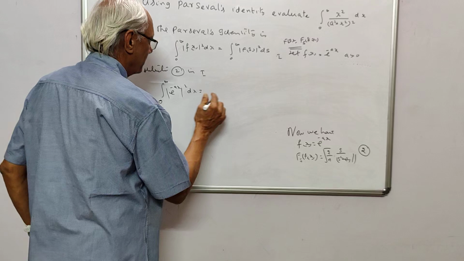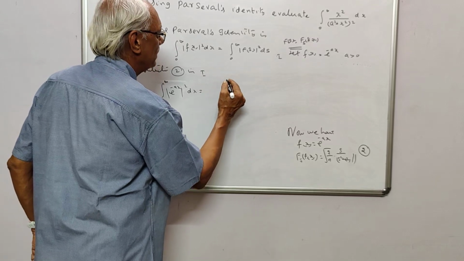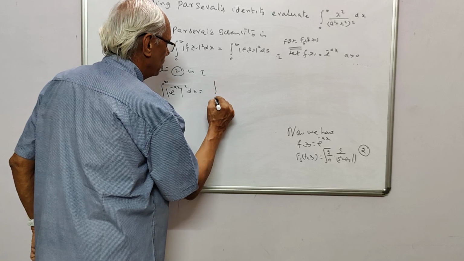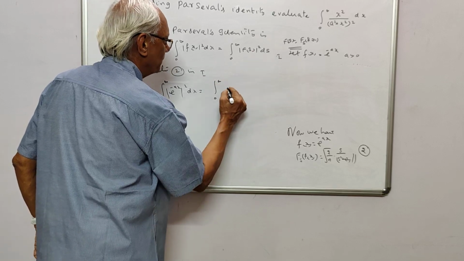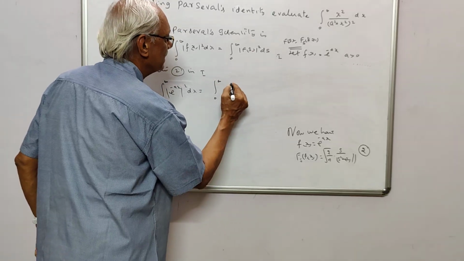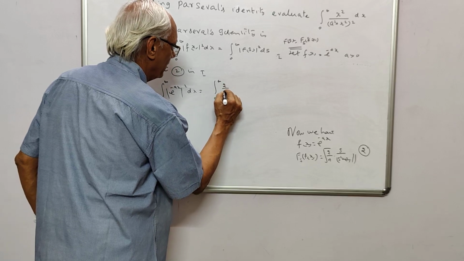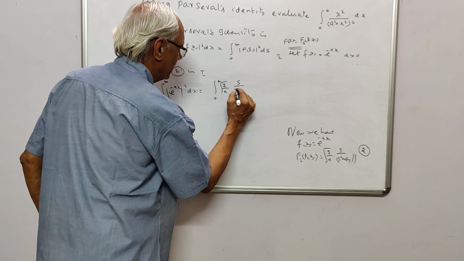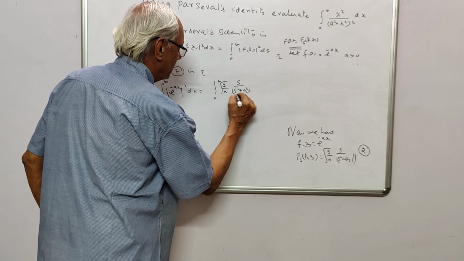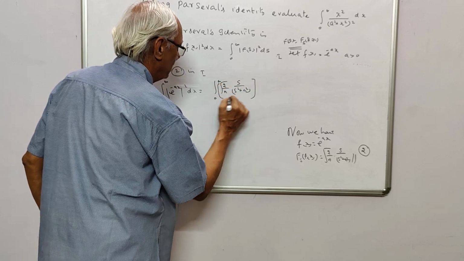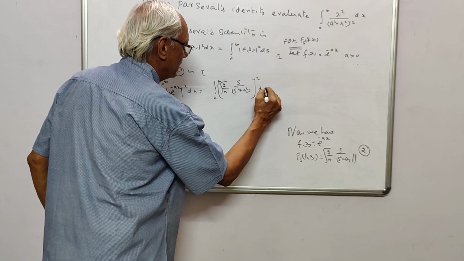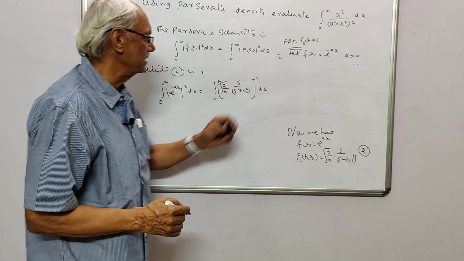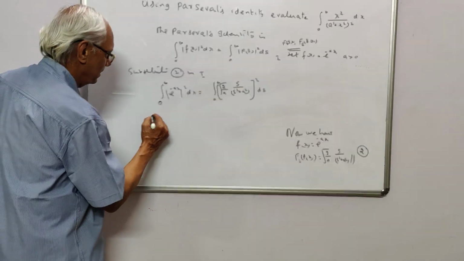Okay, and here, what do you get now? This is nothing but the integral from 0 to infinity, where F(s) is square root of 2 by pi into s divided by s squared plus a squared, whole squared, into ds. So I make only the substitution in this place. So what do you get here now?